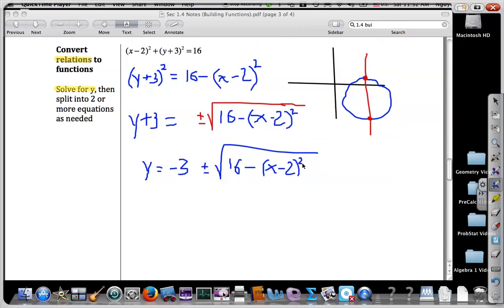And there we have it. We have y by itself. But this is still not a function because the plus or minus is going to give you two outputs for one input, a point up here and a point down here.